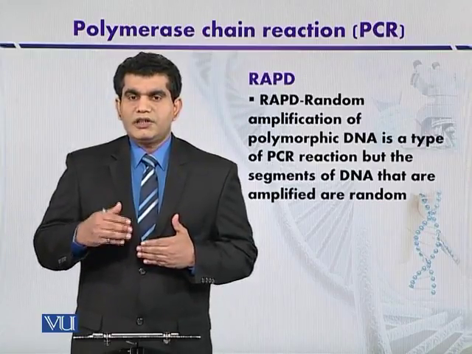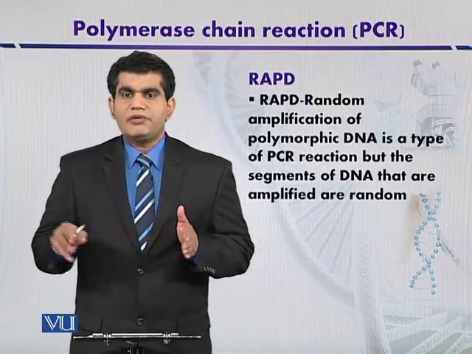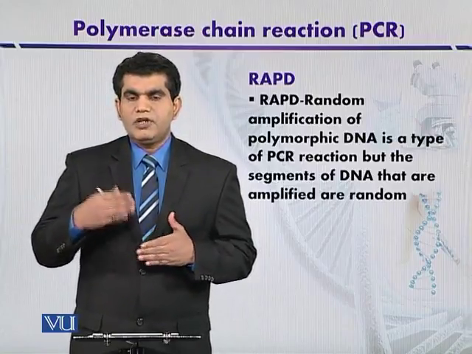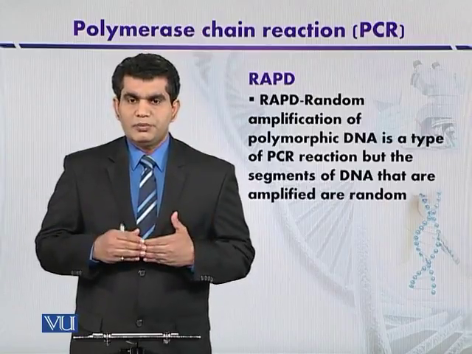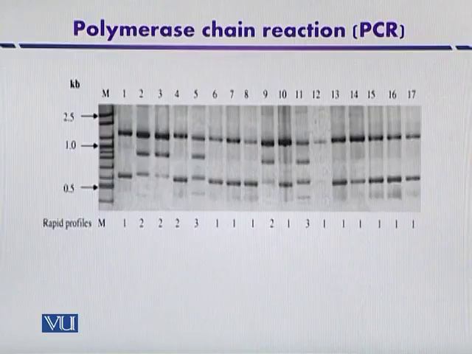How can it determine the phylogenetic relationship or relatedness among different organisms like some microbes? So the next diagram is related to the relationship between different strains of Haemophilus.